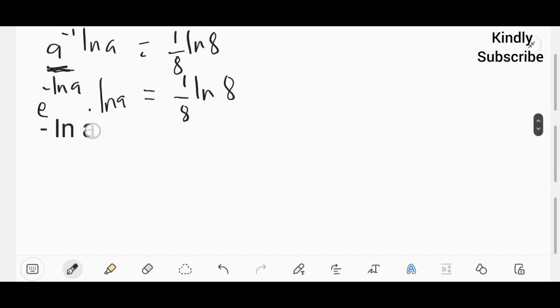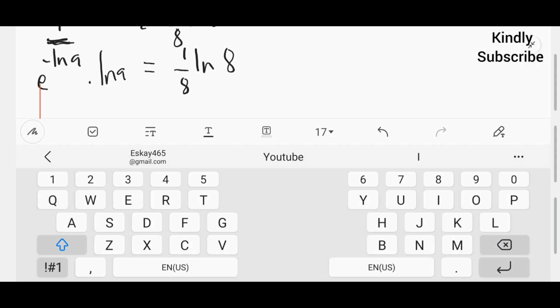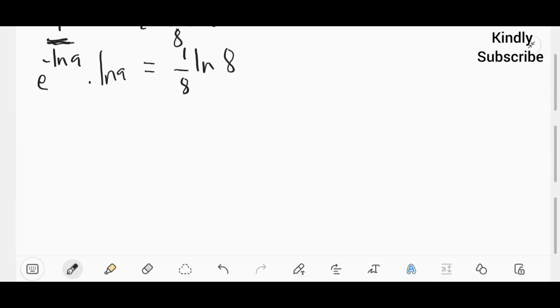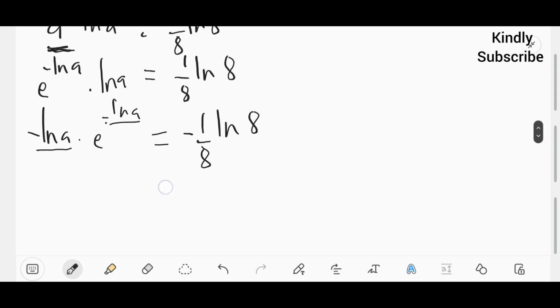If you multiply both sides by negative 1, we get this, equals negative 1 over 8 ln of 8. Now you can see that this is the same thing as this. So we can apply the product log on both sides.